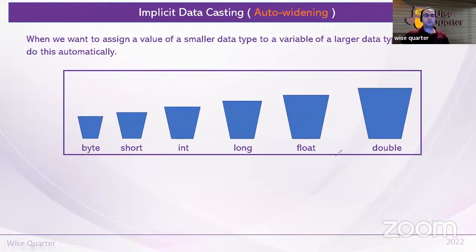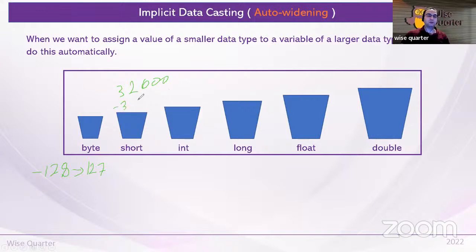Here we have talked about this one too. Byte has capacity minus 128 till 127. It is a short capacity, I know that. Short has going up to 32,000 and so on. I am not sure about the rest.